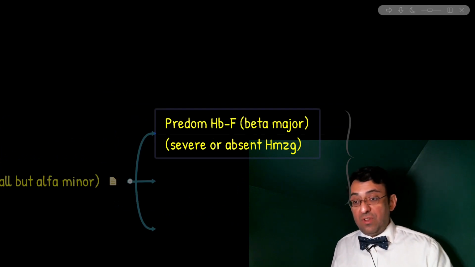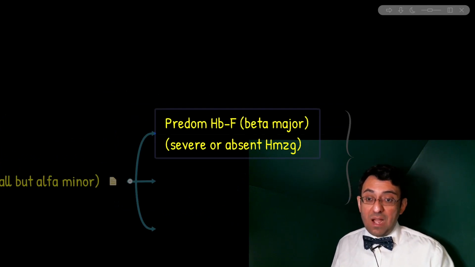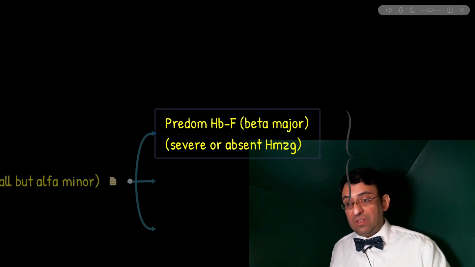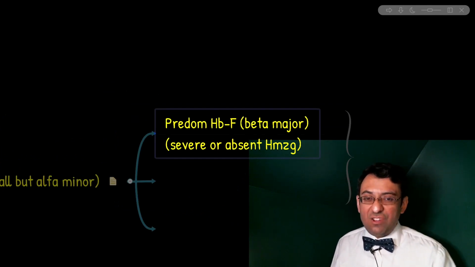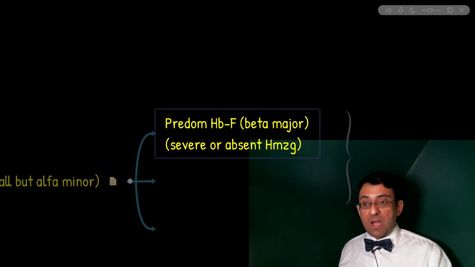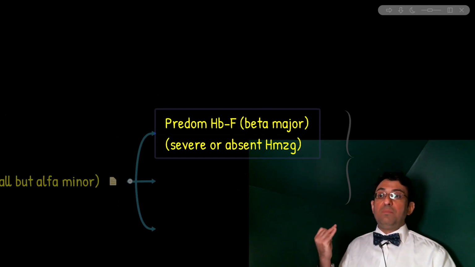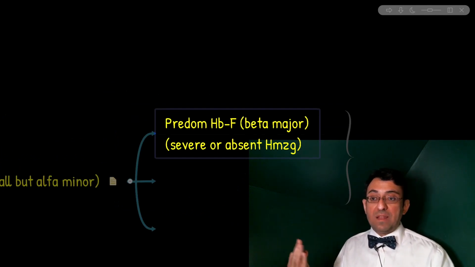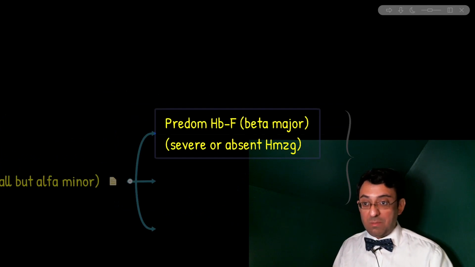Well, if you know the patient is having mild anemia or is transfusion dependent or just needs occasional transfusions, you can say if it is beta minor trait versus occasional transfusion requirement in beta thalassemia intermedia versus transfusion dependent with severe anemia in beta thalassemia major.